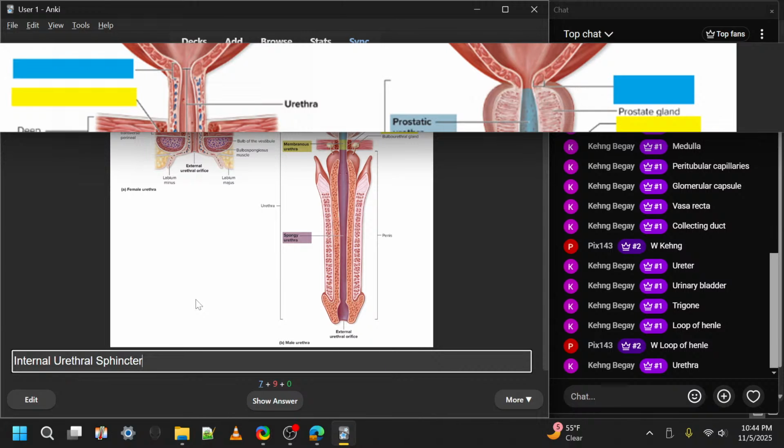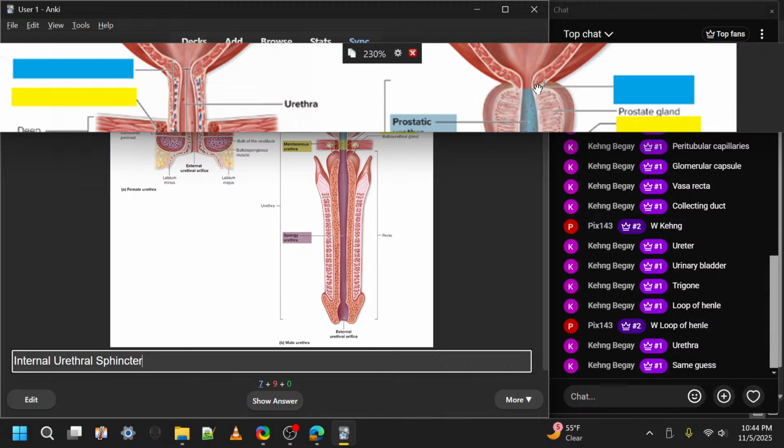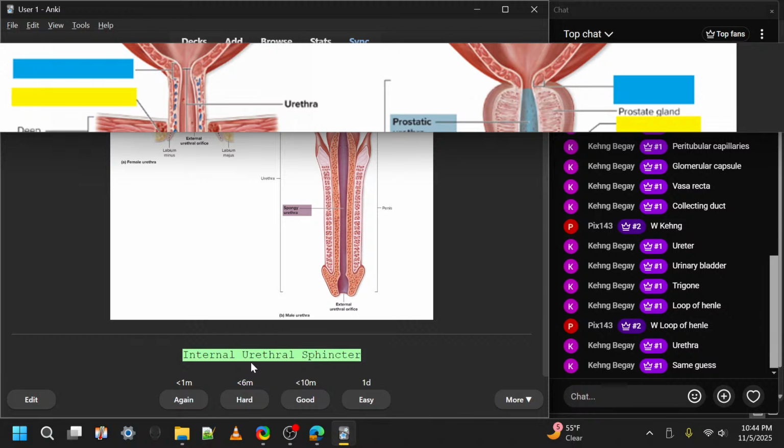Even though you probably know it. Alright, I'm gonna go with internal urethral sphincter. Because it's on the muscle, and I was thinking internal urethral orifice, but it's on the muscle, not the orifice. Yeah, we were right. Let's go.